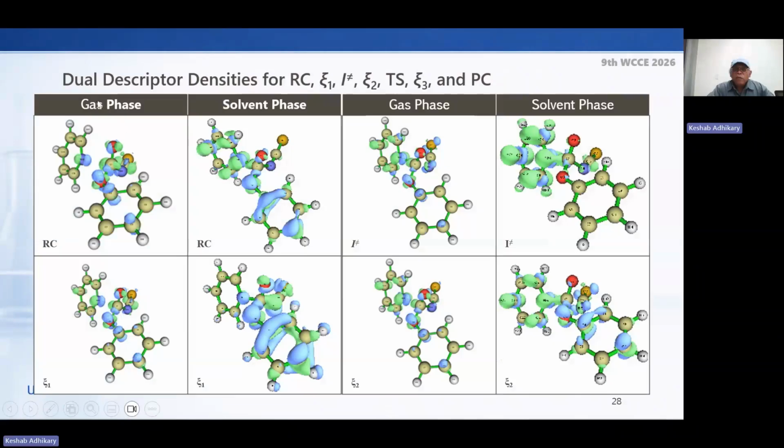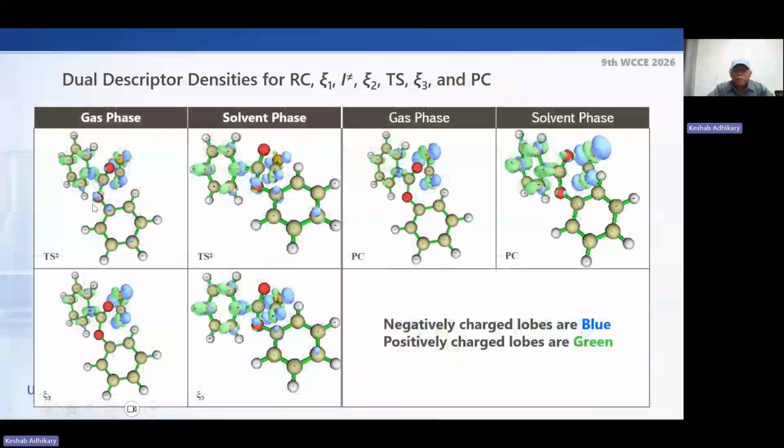Here we show the dual descriptor densities for different steps like RC, the reaction complex, then Xi1 for the next step, then the intermediate, Xi2 in this slide and the next slide, this is the transition state structure, Xi3, and this is the product complex. Blue orbitals indicate the negative charge lobes, and the green lobes indicate the positive charge area.